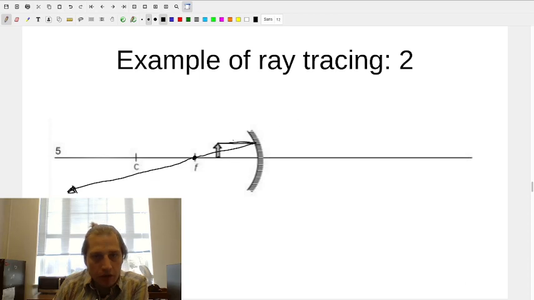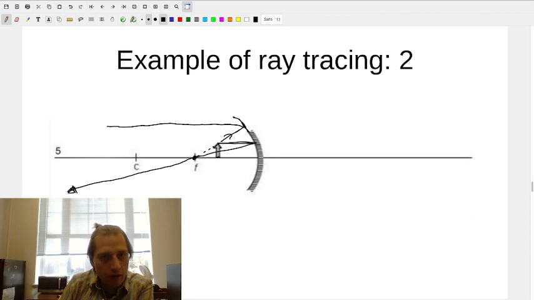Now, you might wonder, how am I going to go into the focal point? If I go in through the focal point, I'll just keep going out forever. So we're going to come in the direction of the focal point. I'm going to extend my mirror a little bit. So in the direction of the focal point, and then out parallel to my optic axis.